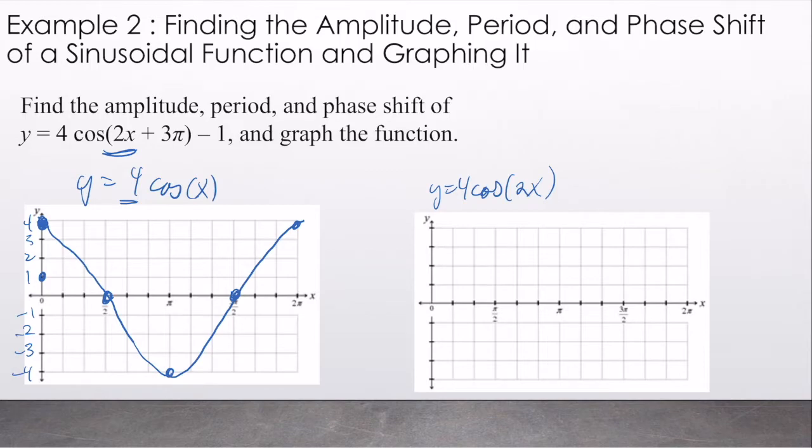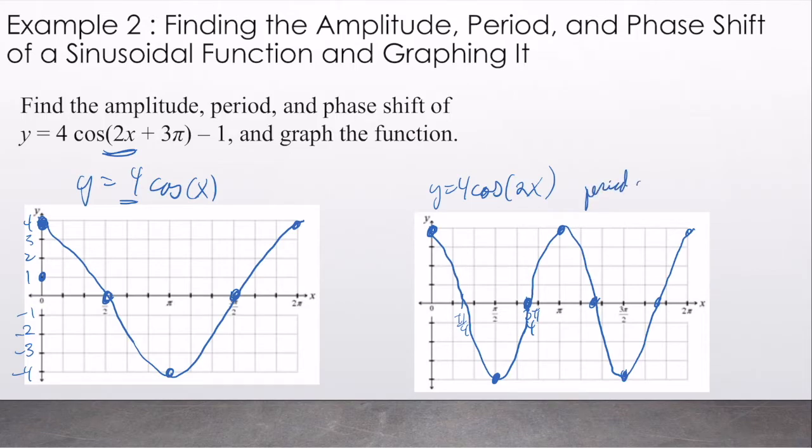So my whole graph has been squished. So I've got 4, 4, -4, and then at pi over 4 and 3 pi over 4, we cross 0 at those points. Okay, so here's our new function with a period of pi, which is what we calculated.